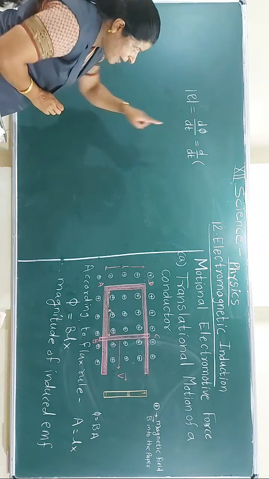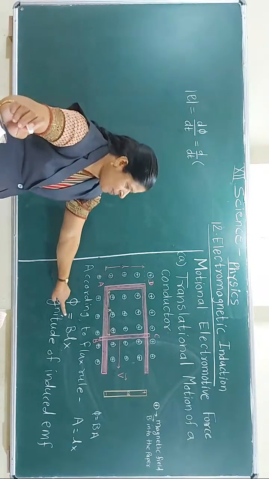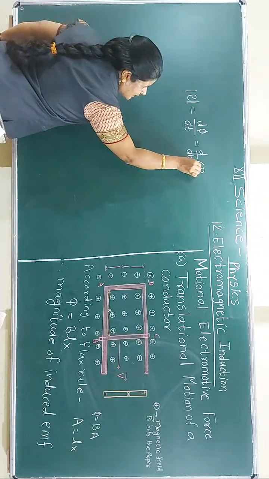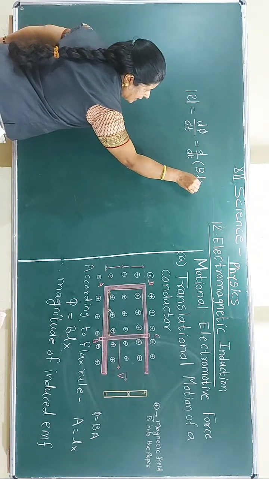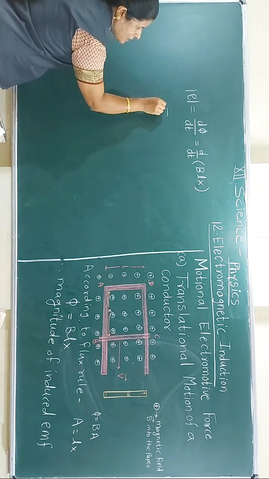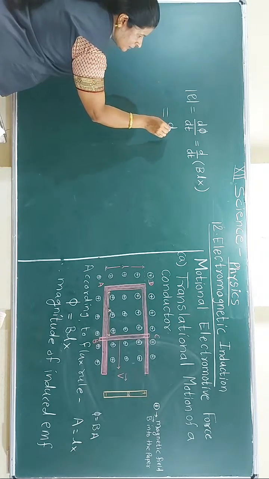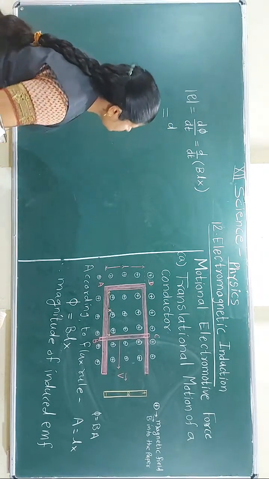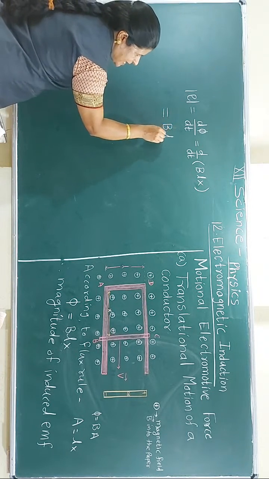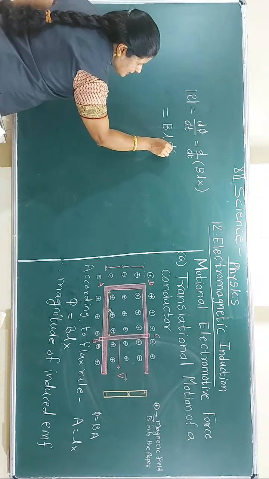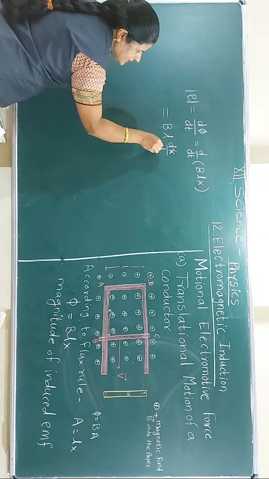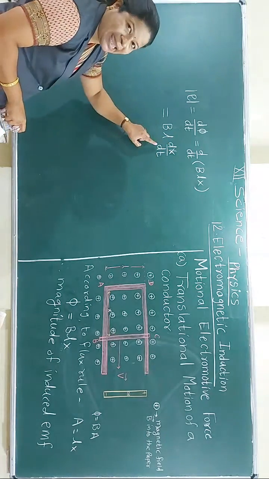We know the value of phi is B L into X. Substitute this value in this equation, d by dt of B L into X. B and L are constant, so we get B L into dx by dt.